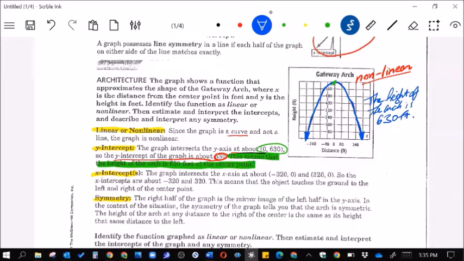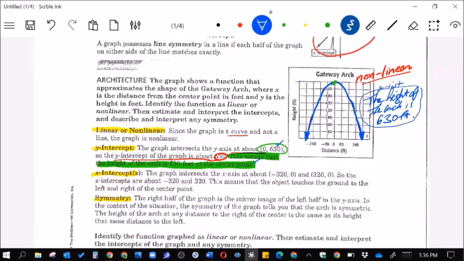If you didn't have this sentence here, or know the exact point, you would have to estimate it. So I would have estimated at about 640, which is where this line is here. So it looks like it's just below that. So this is the explanation of the interpretation of what the y-intercept is.